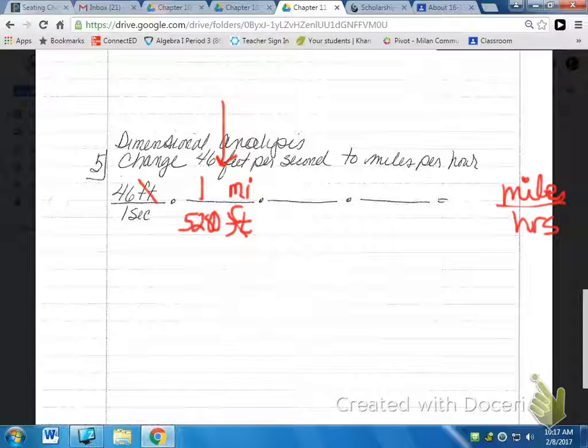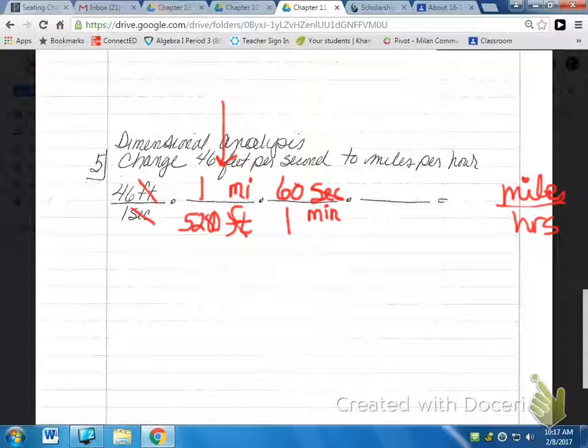So since seconds are on the bottom right now, I'm going to put seconds on the top, because they'll cancel out, and I can convert from seconds to minutes. And what is the conversion from seconds to minutes, Octavia? 60 seconds is 1 minute. And I don't cancel out any numbers right now. I'm canceling out the units, so seconds cancel with seconds.